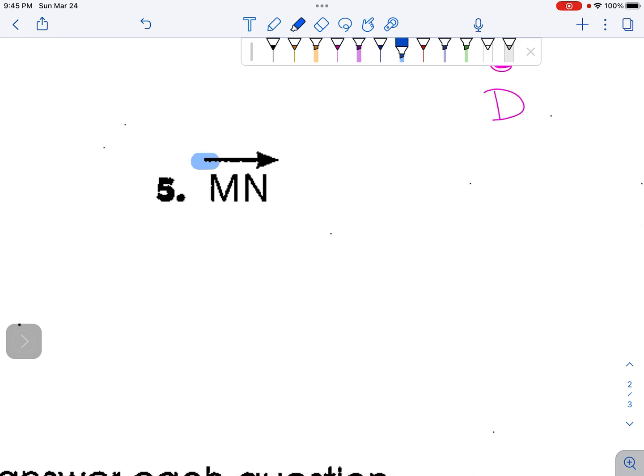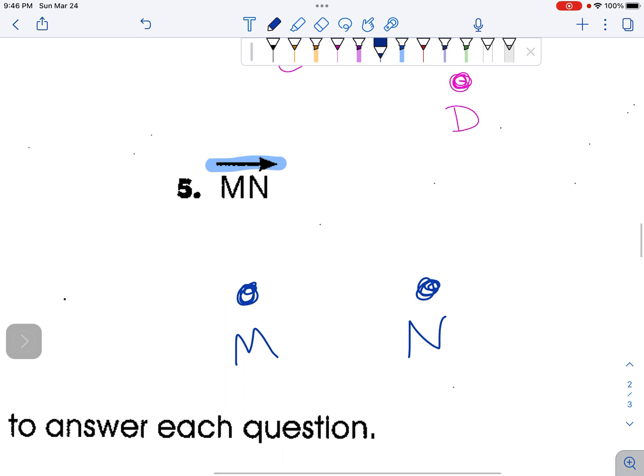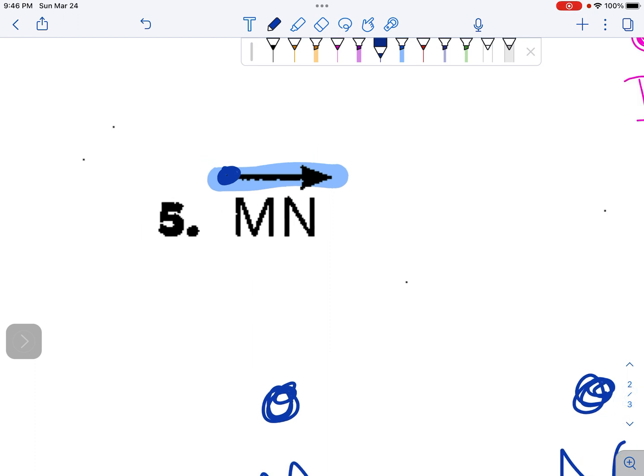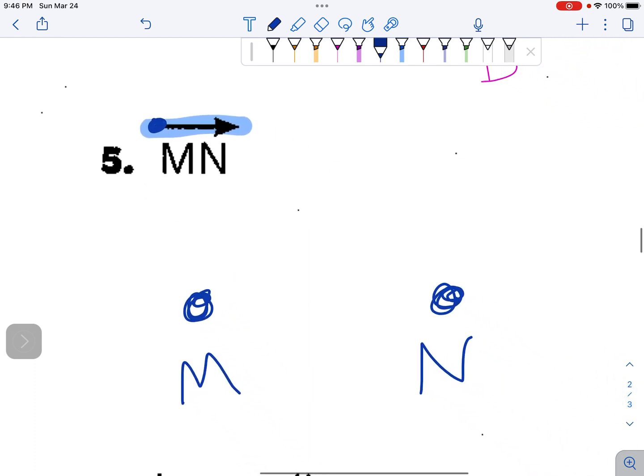For number 5, be careful. This one is a ray. So that means you need a point M and a point N. And then you have to look at which one comes first. There isn't a little dot here, but you can imagine that there is one because it doesn't keep on going.